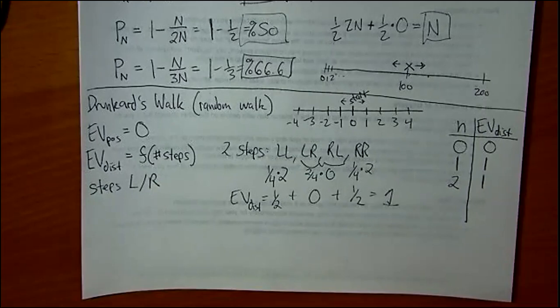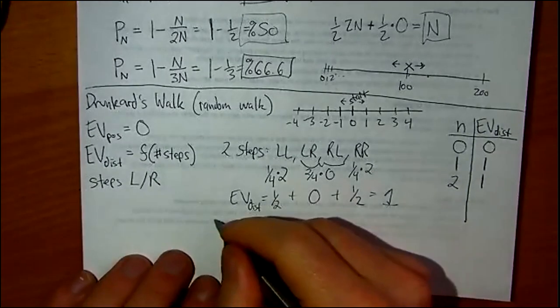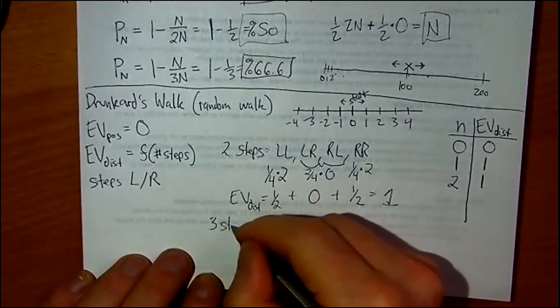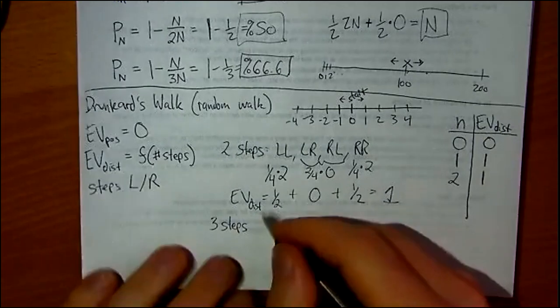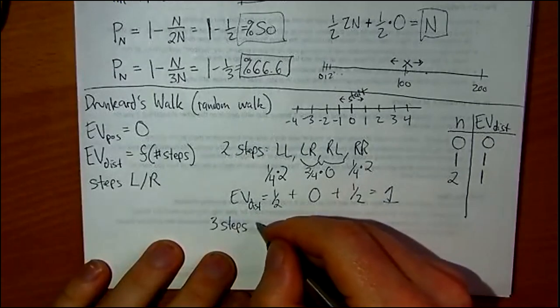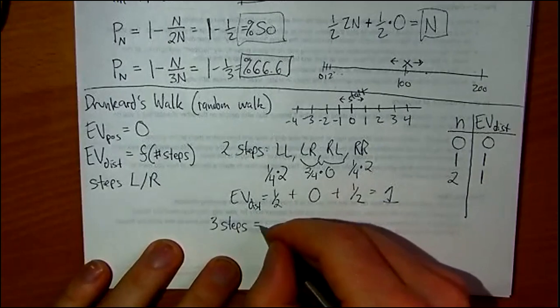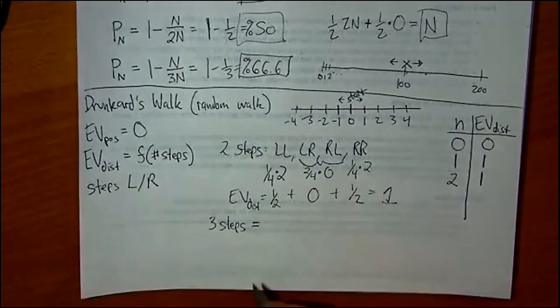Okay, so what if I was to go 3 steps? Well, I won't make you list out all the combinations, but let's list out the probabilities and their distances, right? So there's sort of like 4 things that could happen.